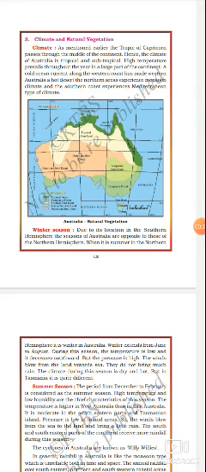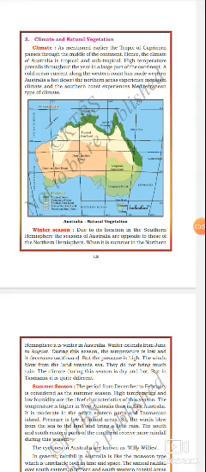As mentioned earlier, the Tropic of Capricorn passes through the middle of the Australian continent. Hence, the climate of Australia is tropical and subtropical.